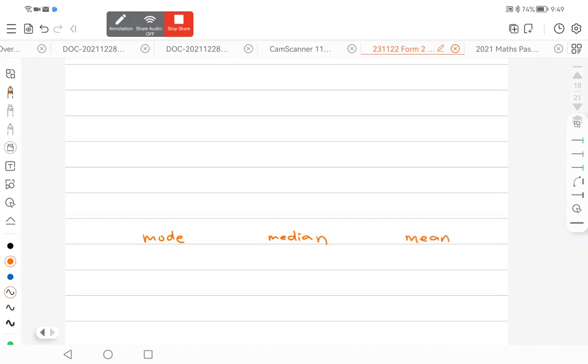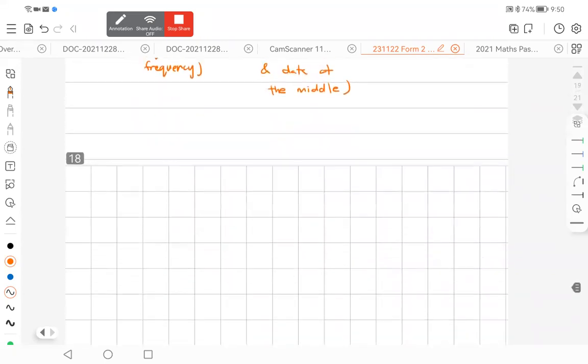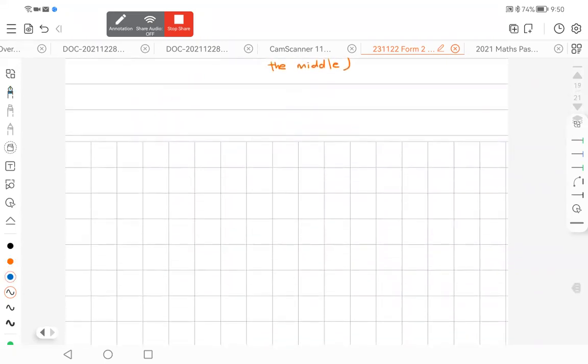Mean is to find average, total up, and then you divide by the total frequency. Remember, you must arrange and take the data at the middle. I hope you can read my handwriting later. If not, you can just copy later.